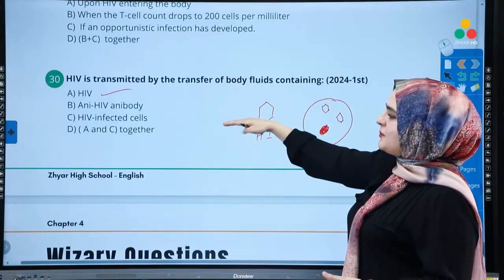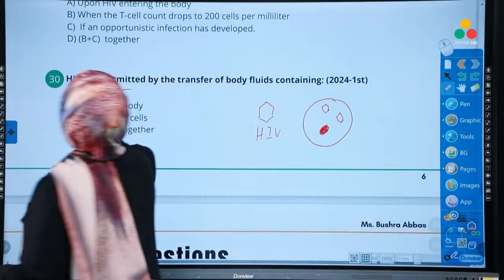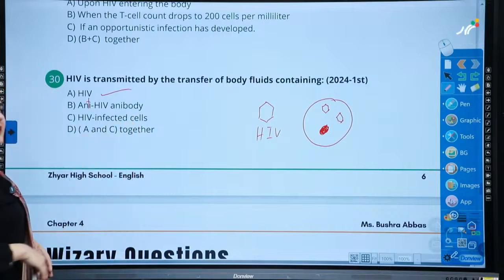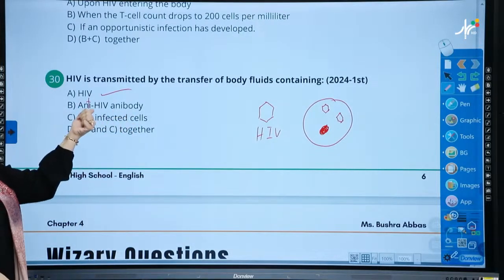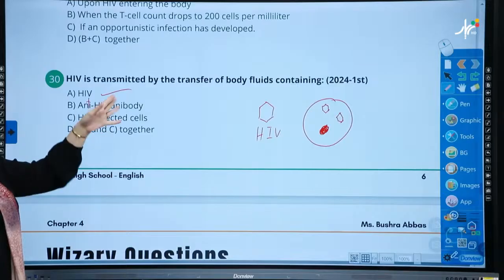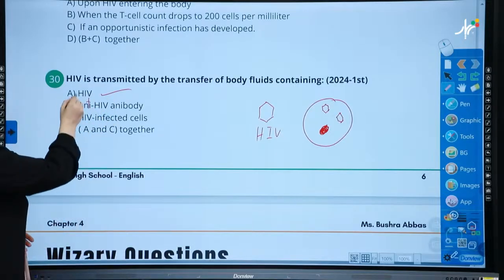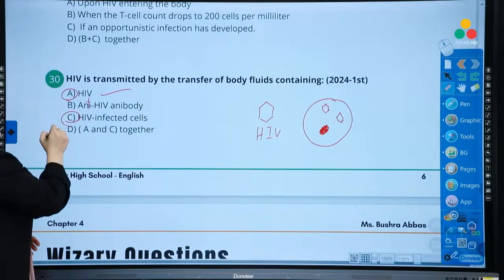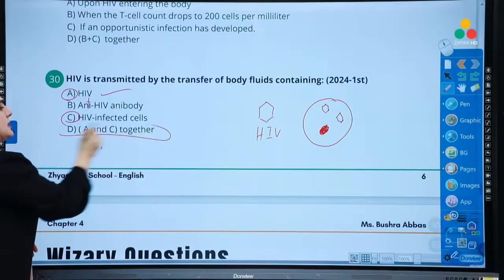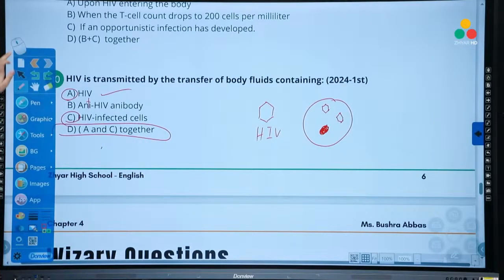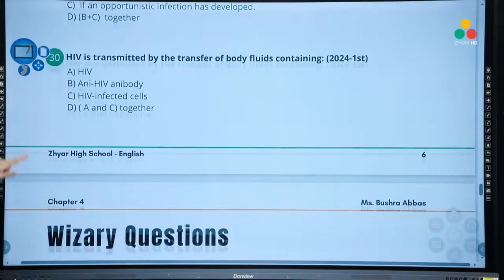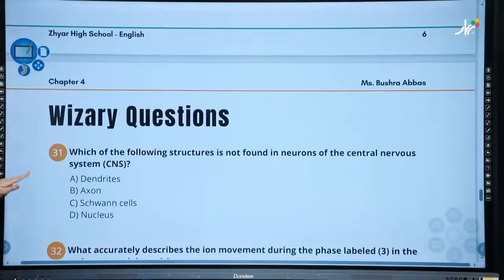As for this, anti-HIV antibody, that has nothing to do with the infection. It's just an antibody against HIV. This is used for tests. So these two are correct. In order for us to choose it, D is the right answer. That's how we got it. We're done with questions from chapter 3. We're entering chapter 4.